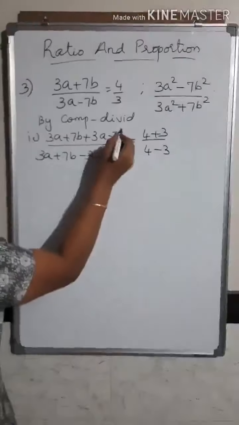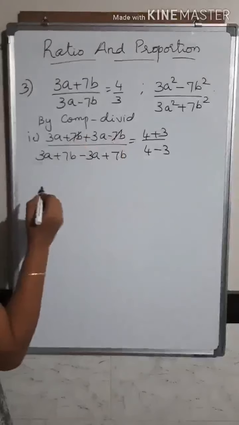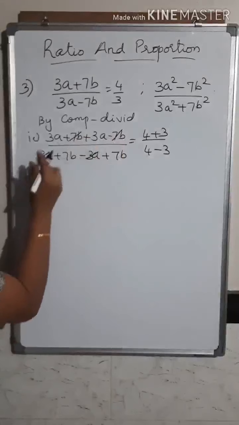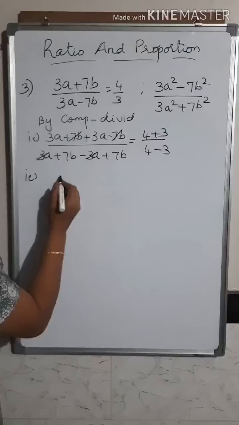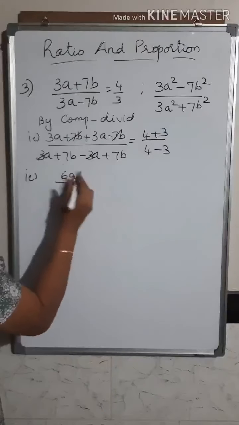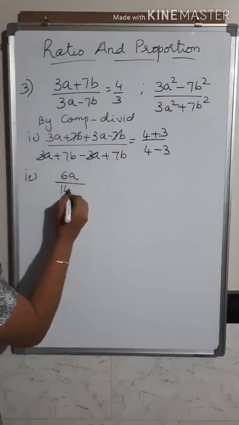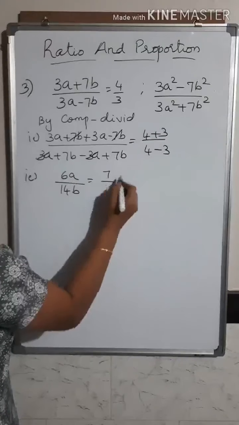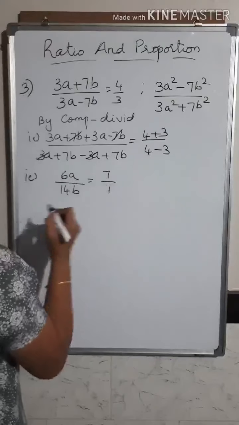So here plus 7b minus 7b gets cancelled, 3a and minus 3a gets cancelled. So you get 3a plus 3a is 6a upon 7 plus 7, you get 14b, is equal to 4 plus 3 is 7 and 4 minus 3 is equal to 1.